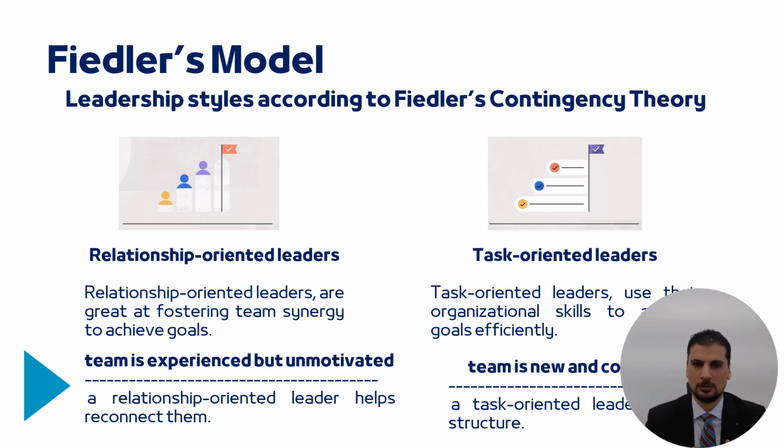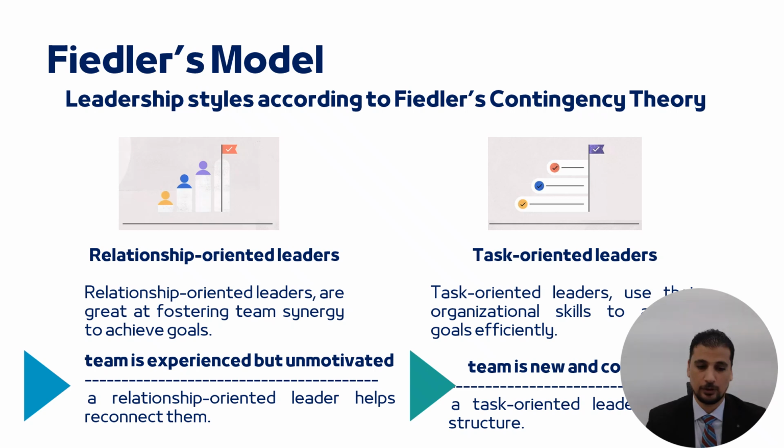In my opinion, we cannot put a barrier between these two ways of contingency leadership, Fiedler's model. In my opinion, we can mix them, but we can focus on one direction as needed.